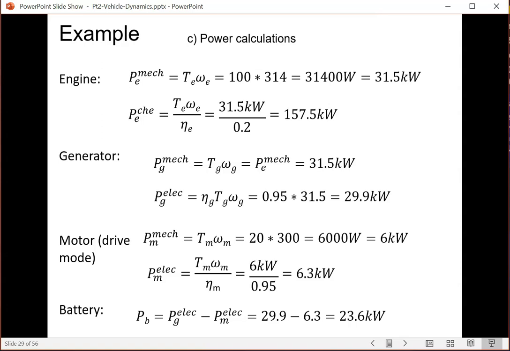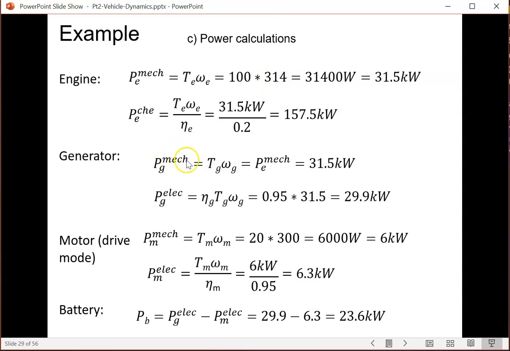For the generator, we can work our way through the system. We know the engine now, so for the power of the generator, the input is coming from the engine through the gearbox. But we said previously we can neglect the power loss in the gear sets. Therefore, the output power of the engine equals the input power of the generator, which is mechanical.